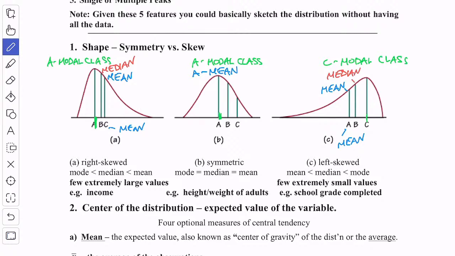Okay, so the mean will always be closer to the tail, the extreme values, or what we call outliers, and the median will always be in between the mean and the mode.